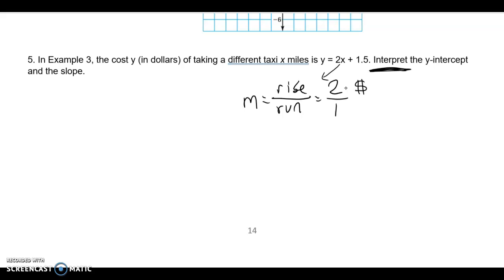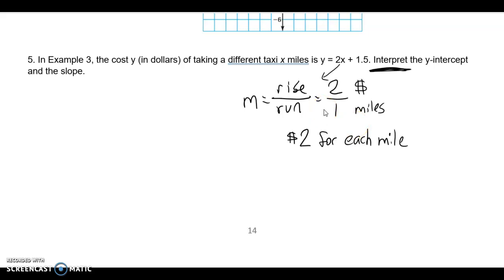Our run, our X label down at the bottom, was miles. So in this case, it's a different taxi. This taxi costs $2 for 1 mile or for each mile. So it's a little cheaper as far as the cost per mile. The other one was $2.50.